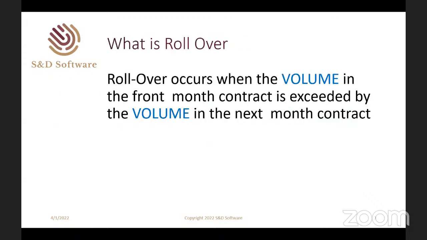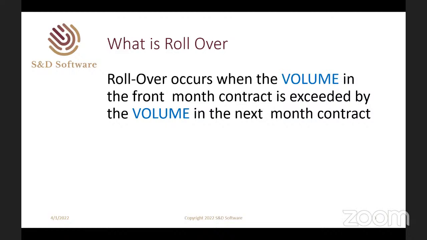So what is rollover? Rollover occurs when the volume in the front month contract is exceeded by the volume in the next month contract. So what does that mean? Let's just throw some numbers out here.